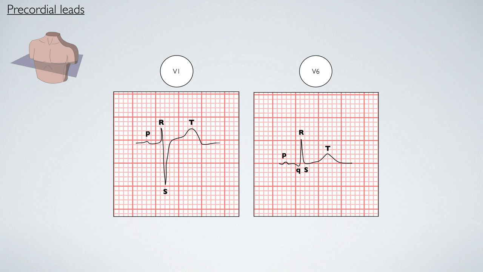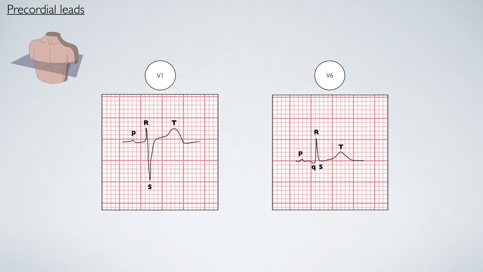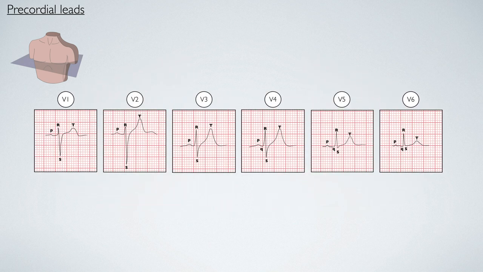If we look in V6, however, you will notice that there are Q waves, and subsequently a QRS complex. This is a normal occurrence because Q waves are generally only seen in the precordial leads in leads 4 to 6. The critical thing to note here relates to the QRS complex shape.